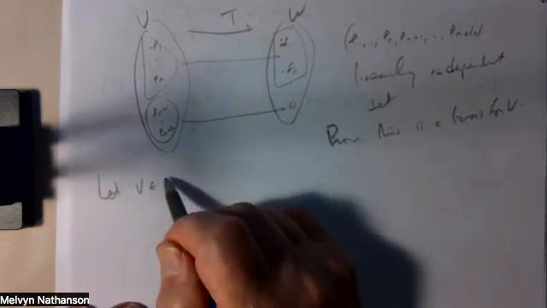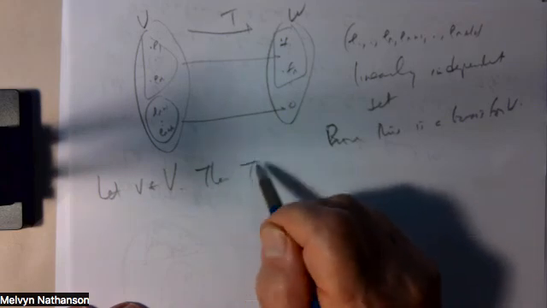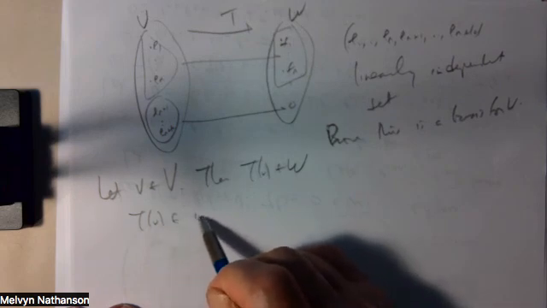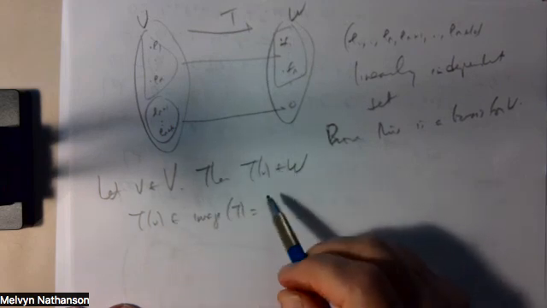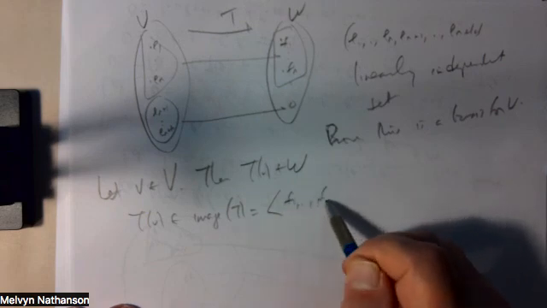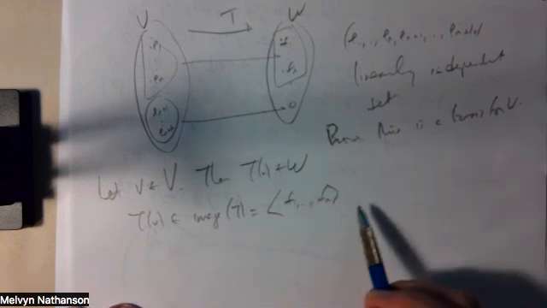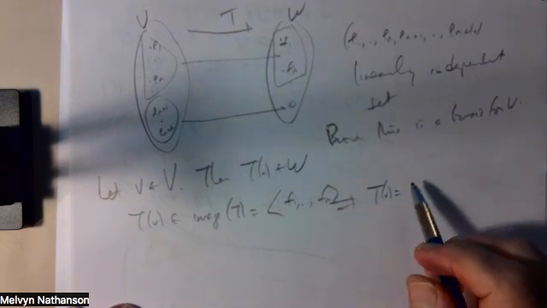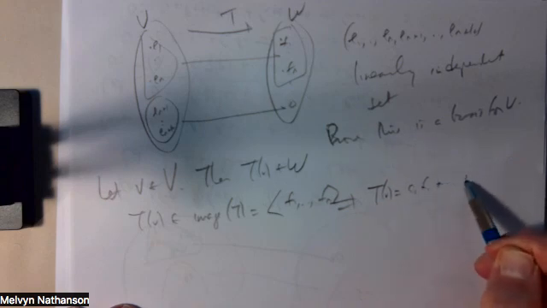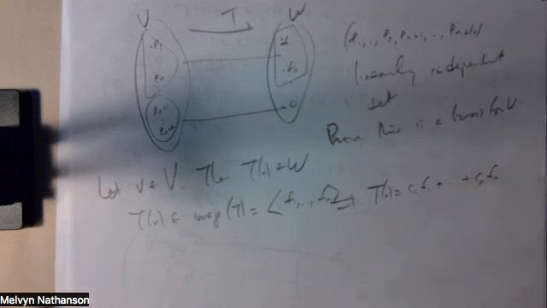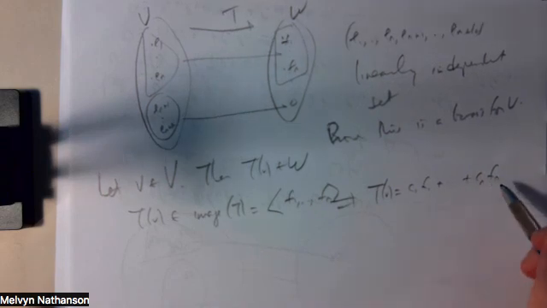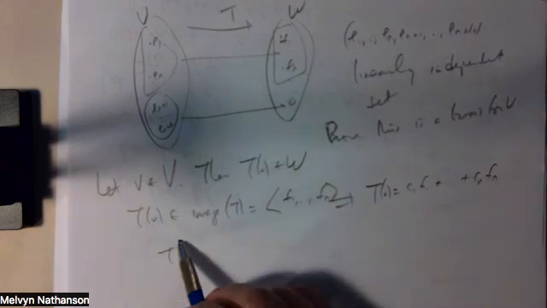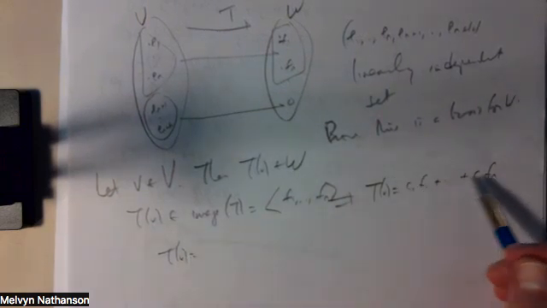So suppose I take any vector v in V. Then T(v) is in W. But in fact, T(v) is in the image of T, which is the subspace spanned by F1 up to FR. So T(v) is some linear combination of F1 up to FR.